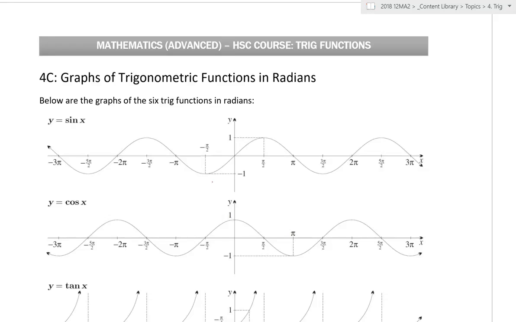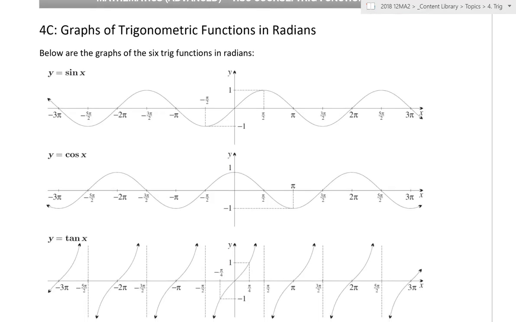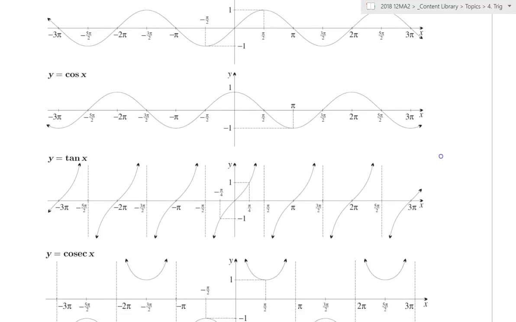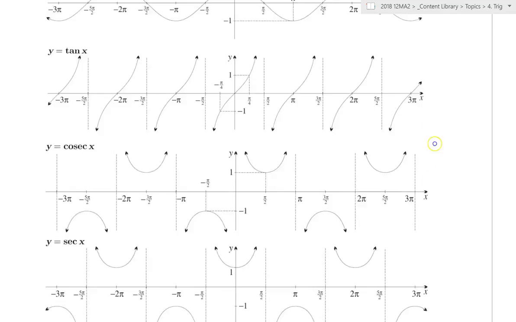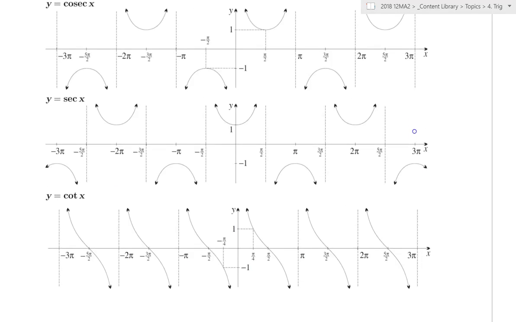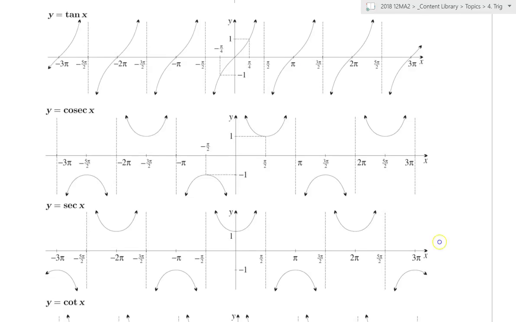And there is some terminology that comes with this. Mostly we are going to be looking at sine and cos, that form these sort of waves. Tan has regular vertical asymptotes, as do all of our inverses, so cosec, sec and cot.